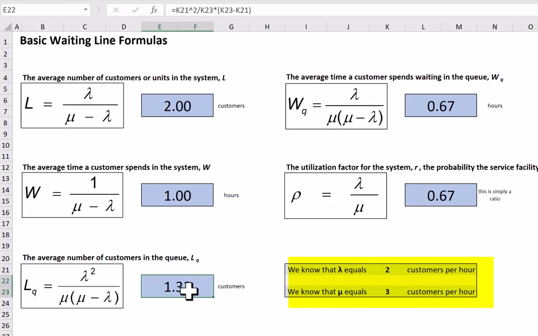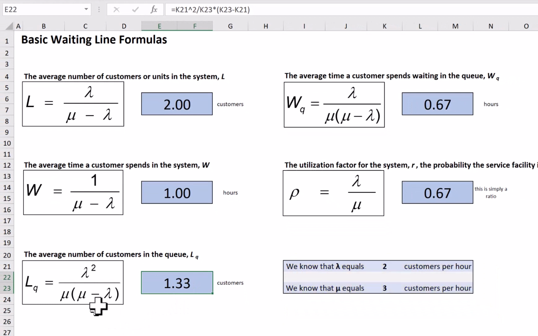When you're dealing with a square in Excel, the caret notation is what we use. So we want to square lambda. Lambda is found in cell K21. So our formula reads equal K21. That's the caret.